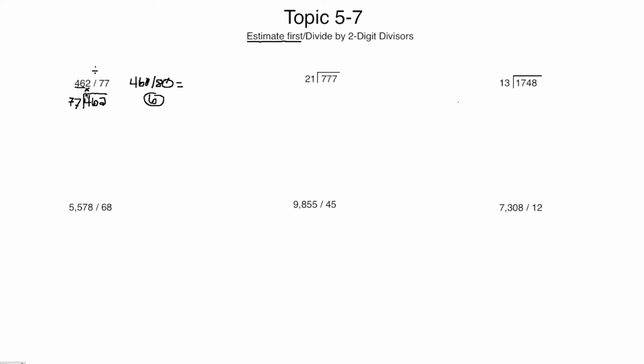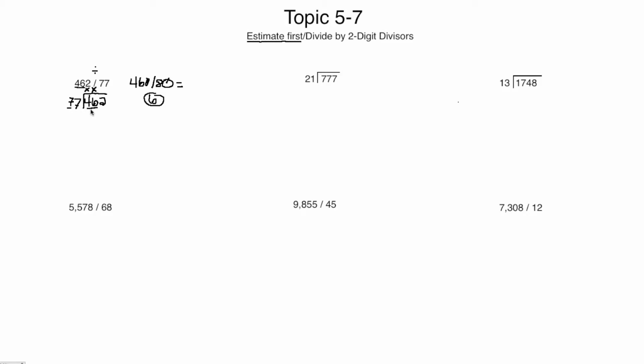No. Can 77 go into 46? No. How many times can 77 go into 462? As I said before, I would take the first digit and ask it how many times will it go into this digit without going over.